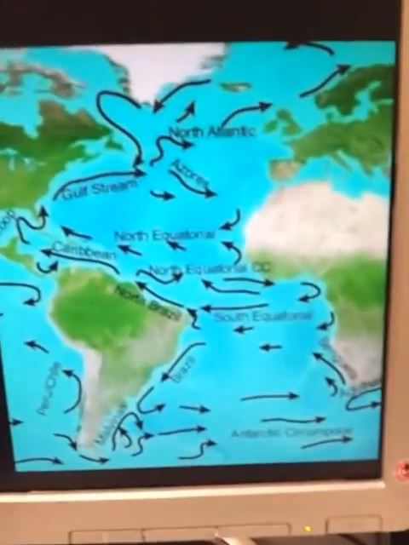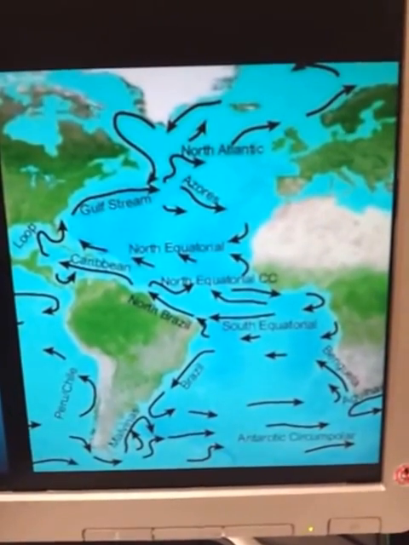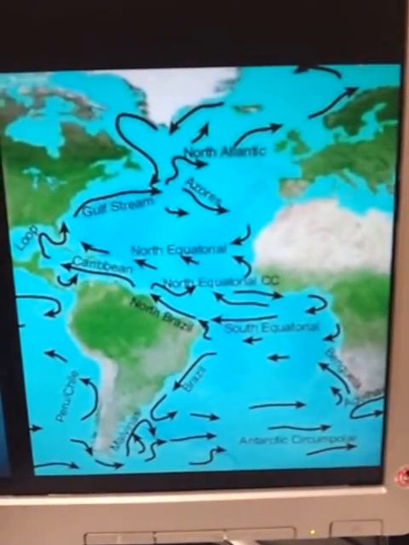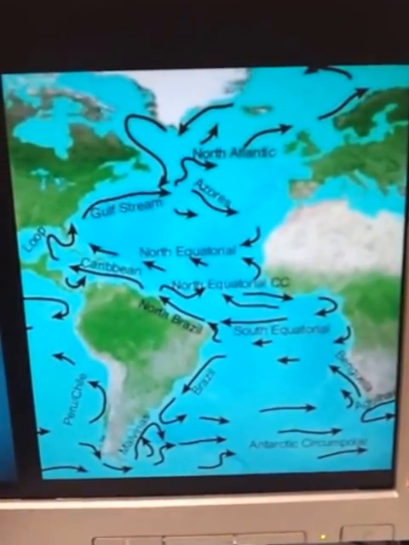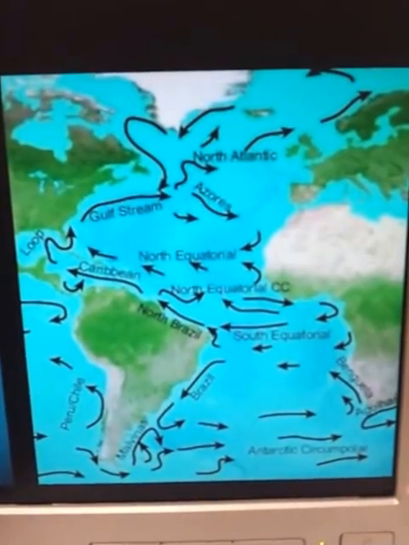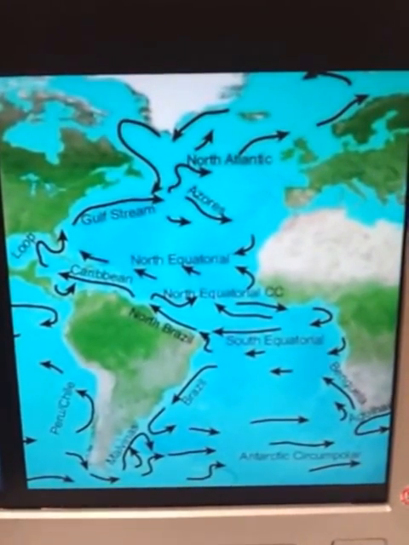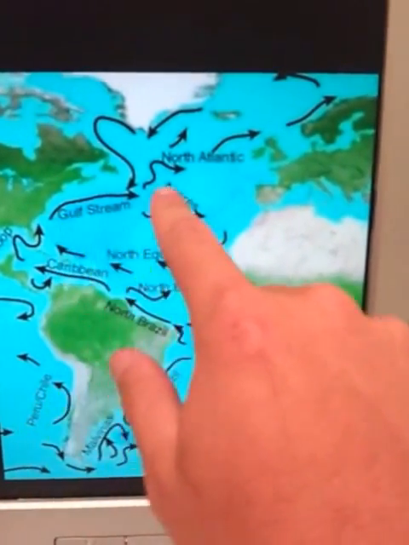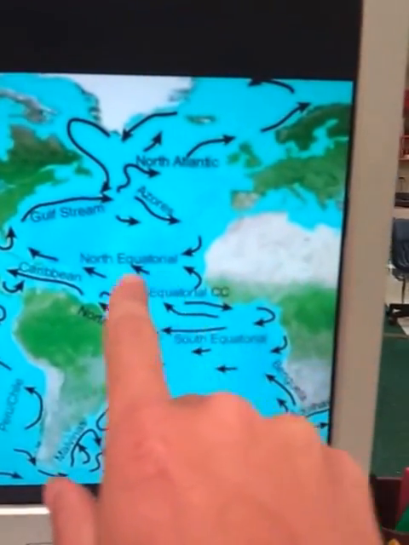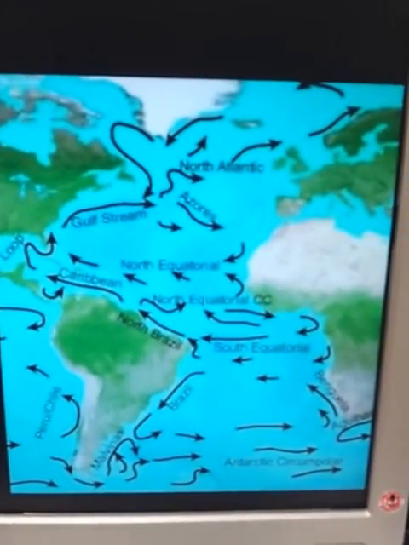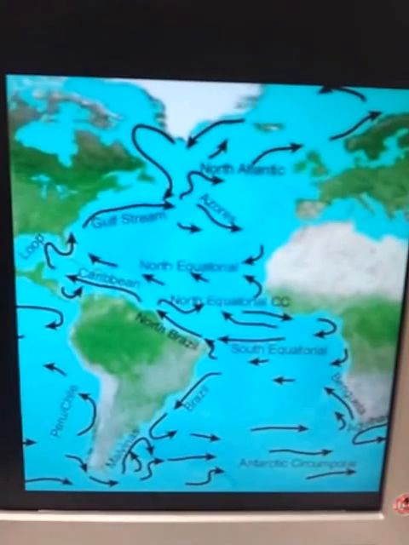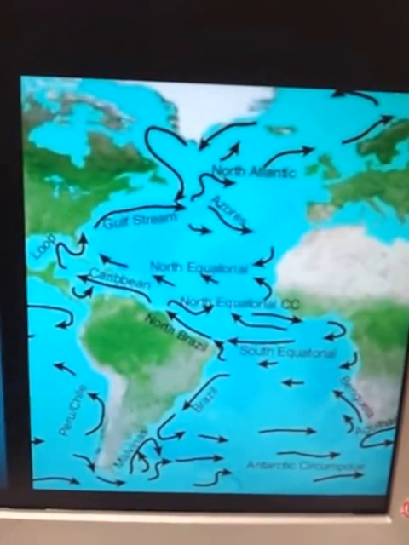And in the other picture, we have what appears to be arrows. I'm sure you can probably figure out that those arrows represent the direction of water movement. We've got, for example, the Gulf Stream, the North Atlantic, the North Equatorial. So the water does move, and with that, every interaction that we do affects other parts of the world.